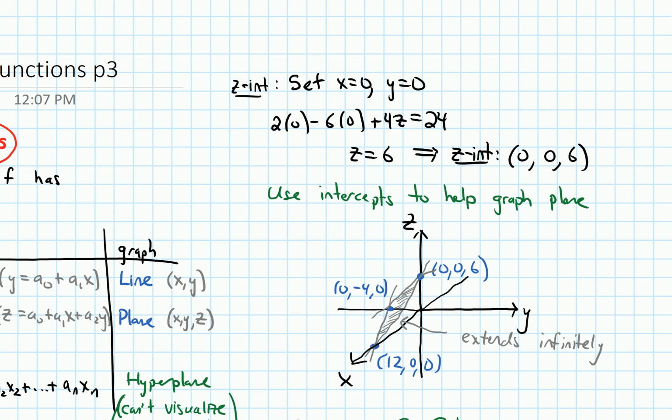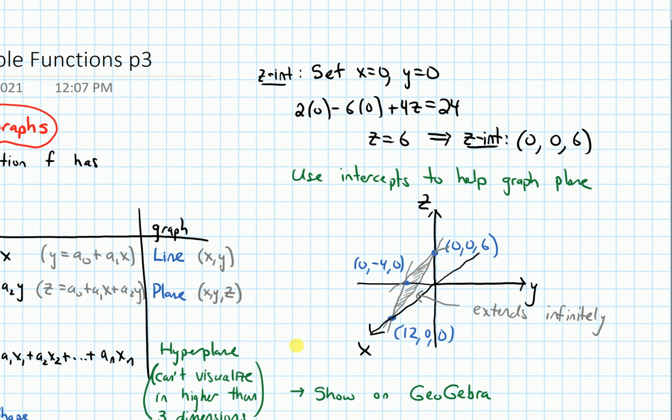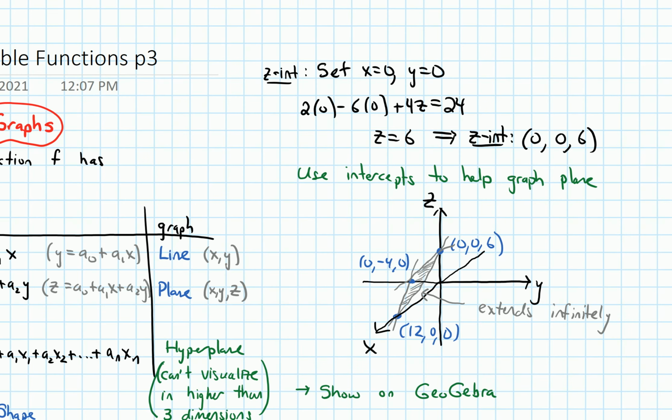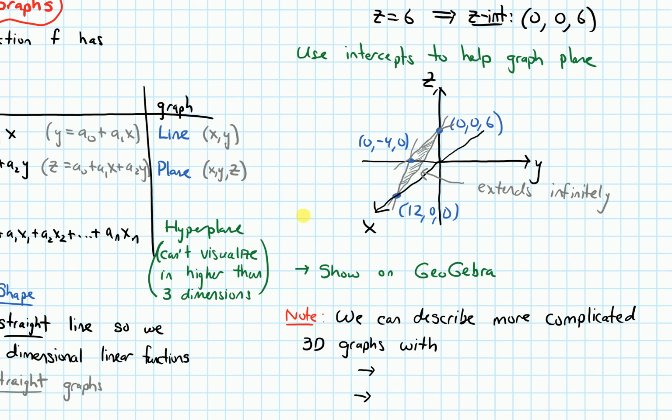So GeoGebra can be a nice tool to confirm our answers, but I mostly care about, do you understand how we can reach that graph using the work that we did, really breaking down the concepts that we've talked about, in this case of intercepts and being able to plot 3D points. Okay, so what if we needed to graph more complicated shapes?